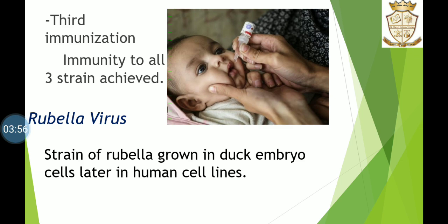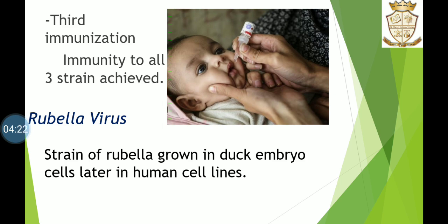This is the 3-dose schedule of polio vaccination. Actually, all attenuated vaccines are given as a single dose, but in the case of polio vaccine, there are 3 strains. Only after the third immunization is the immunization complete.